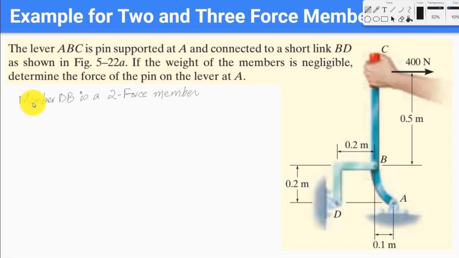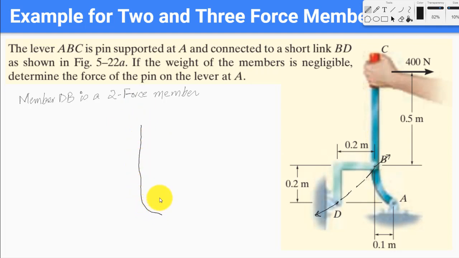That means that the forces at B and D would be equal and opposite and along the line of action. So the only force that can be at point B is going to be in the direction like this, and same as D, the only force at D has to be in the direction of the line from B to D.